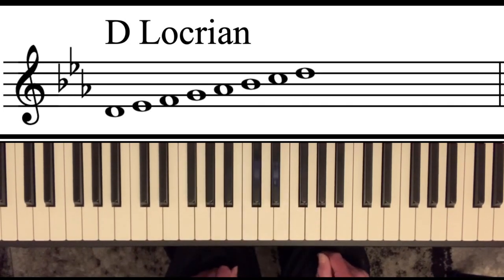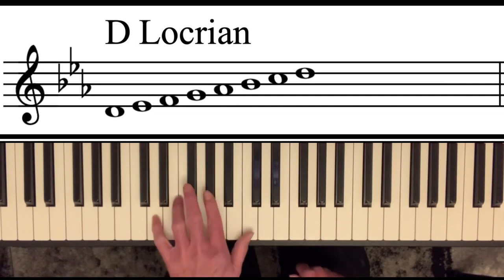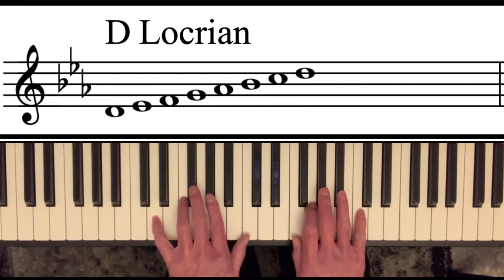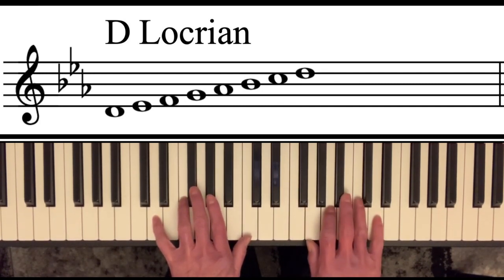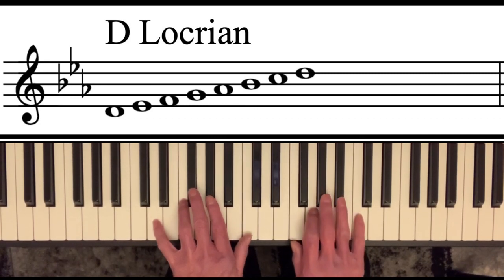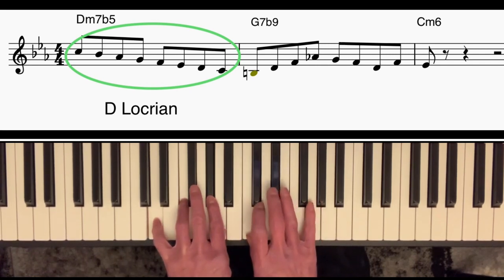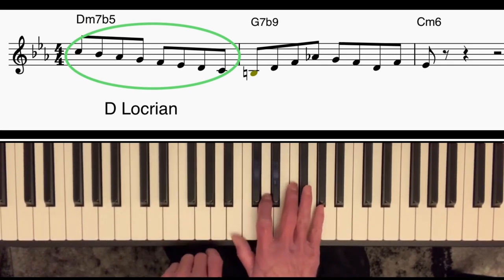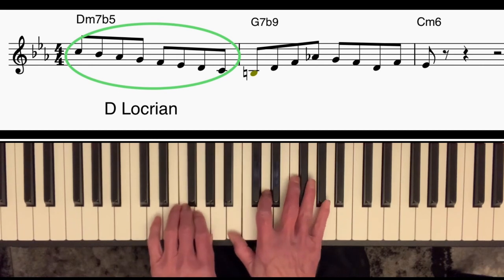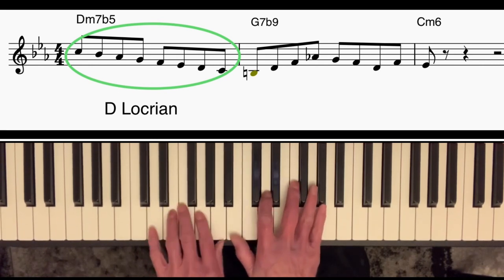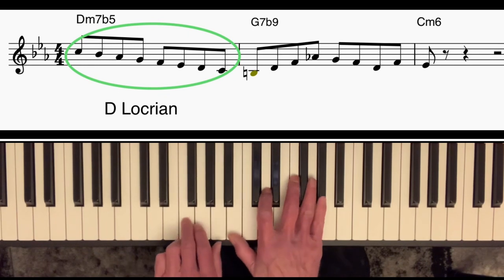So if we look at the first 3 examples that I played in the intro, let's look at what I played. I started off with a descending Locrian mode. I didn't start on the D, I started on C, the 7th of D minor 7 flat 5, but then I just came down the notes of an E flat major scale, and then on the G7 I just played an arpeggio starting on the third, going up to the flat 9.